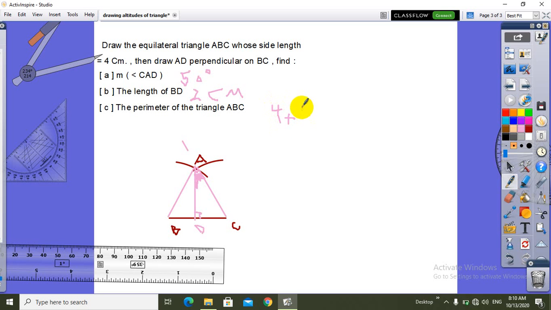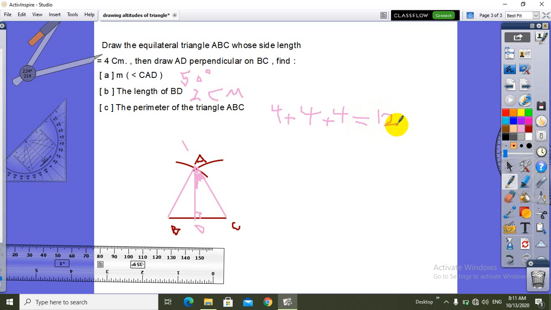You can take the sum of the outside lengths, or if they are equal, you can multiply. Now the number 4 is repeated 3 times. Then 3 times 4 equals 12, or 4 plus 4 plus 4 equals what? Equals 12 centimeters. And this is the perimeter of this shape.